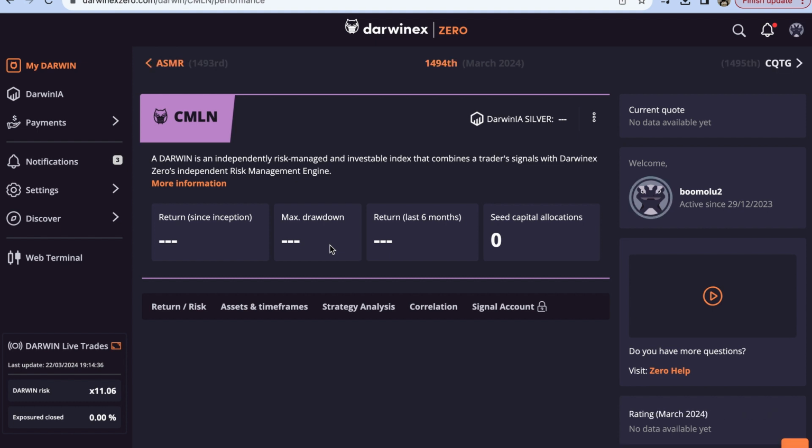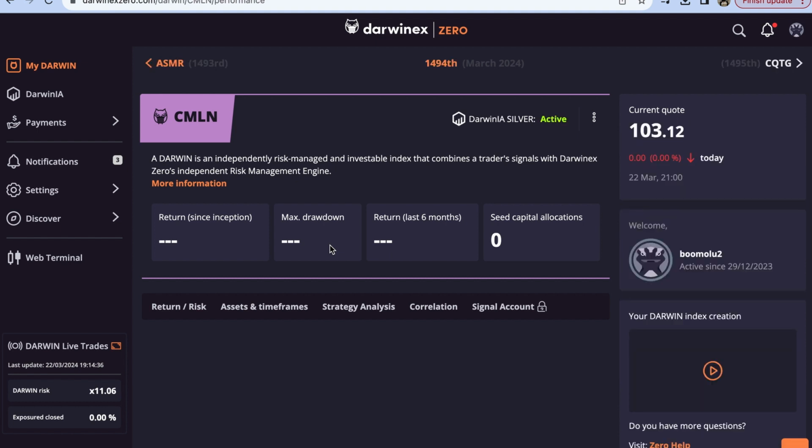So pretty much what it's going to do with the Darwin risk calibration is you're going to trade on the account. It's a regular MT4 MT5 account, whichever one you choose, and you're going to just trade how you would usually trade.